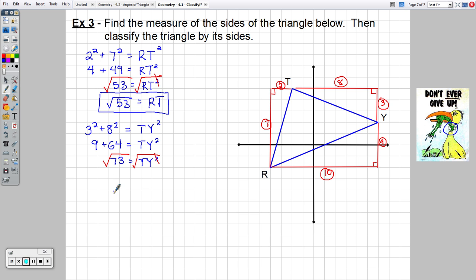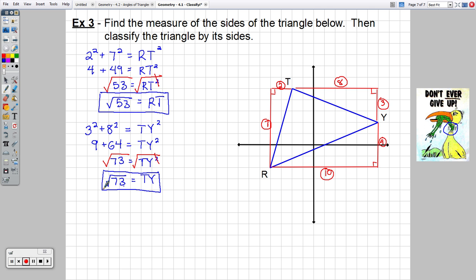And this is not a perfect square, so square root of 73, I'll leave it like that, equals TY. You could plug this into a calculator, you'd get a little less than 9 because the square root of 81 would equal 9. This one you should have 7 point something because the square root of 64 is 8 and the square root of 49 is 7. That's going to be in between there.